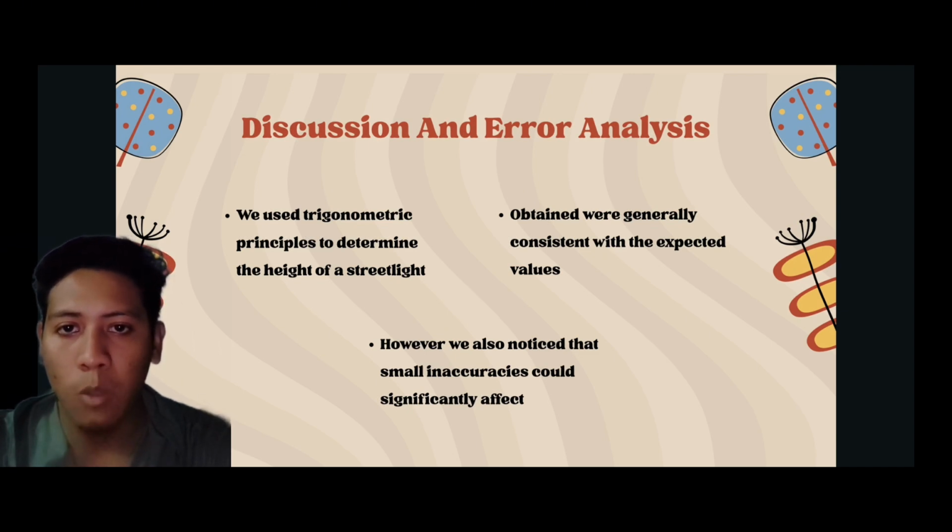The measurements we obtained were generally consistent with the expected values, showing that trigonometry can be effectively applied in a real-life situation. However, we also noticed that small inaccuracies could significantly affect the result if the measurements were not precise.